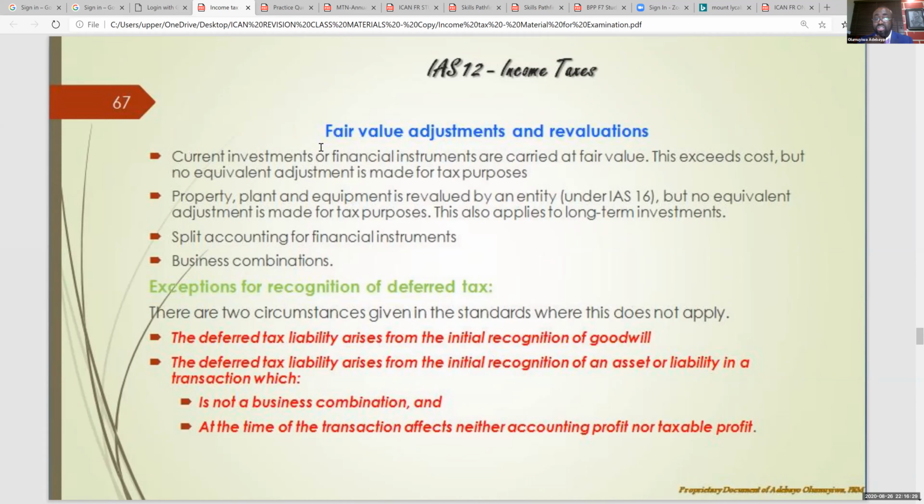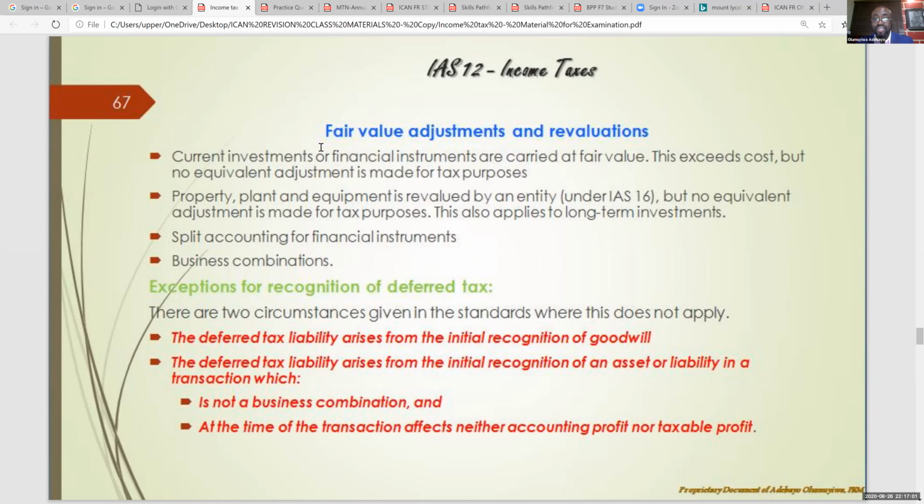Whenever you have a deferred tax liability or asset that emanated from differences that originate upon initial recognition of an asset or liability, you don't recognize them, because such a difference is deemed to be a permanent difference.